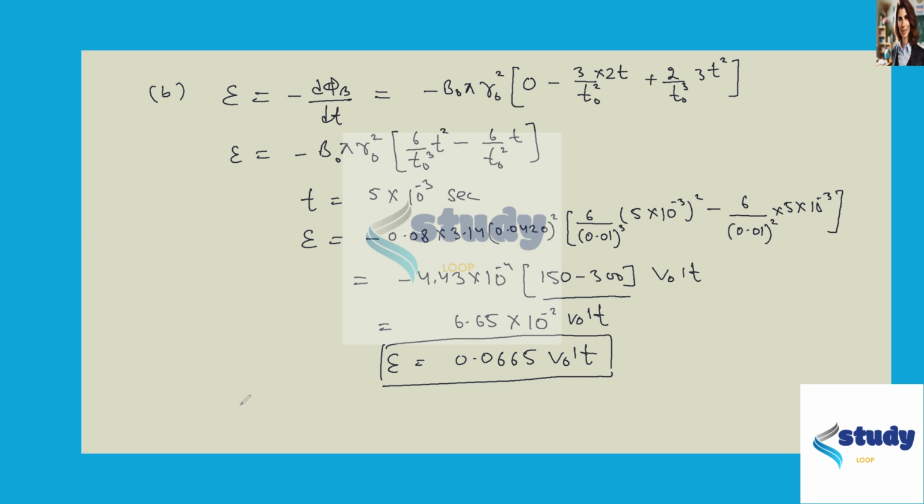So the reason behind the EMF induced is outward decreasing magnetic flux. So as per Lenz's law, its opposition will be outward increasing magnetic flux, meaning this will be the induced magnetic flux, outward increasing.